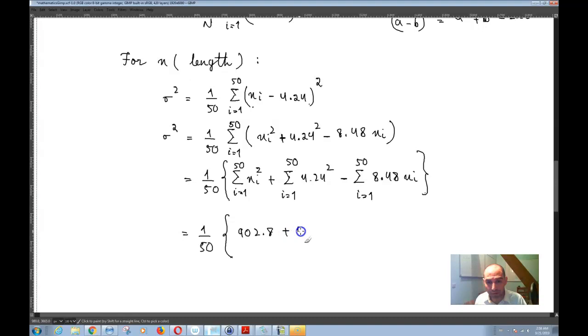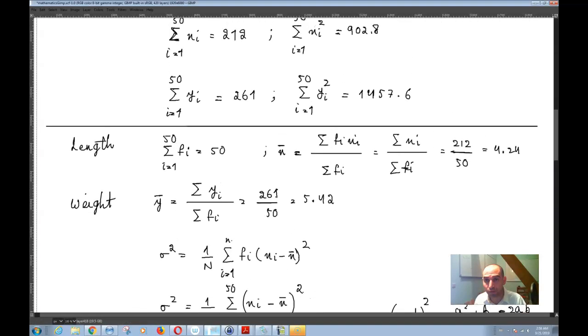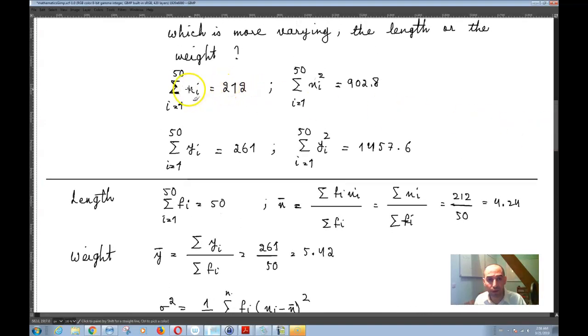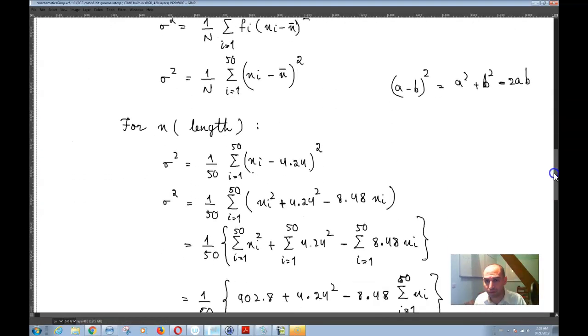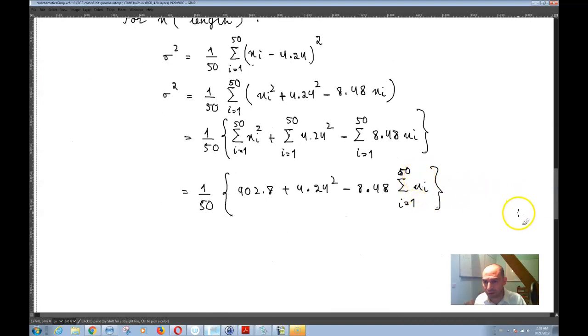So you can write this as 4.24 squared, and this term over here you can write as 8.48 times sigma of x of I as I goes from 1 to 50. And you know that sigma of x of I as I goes from 1 to 50 is equal to 212. So instead of this I can simply write 212.